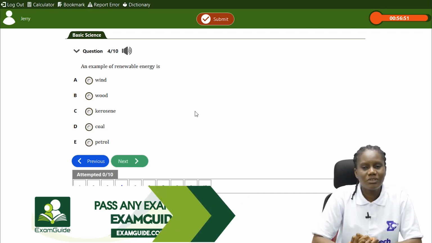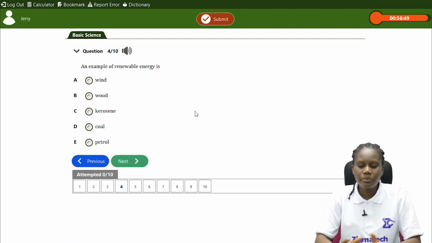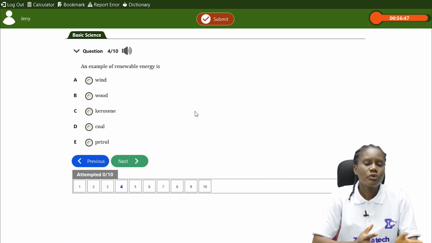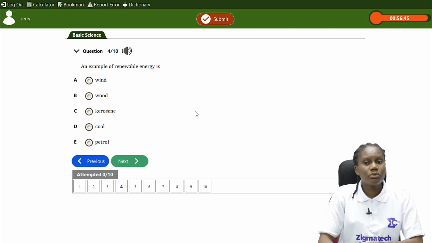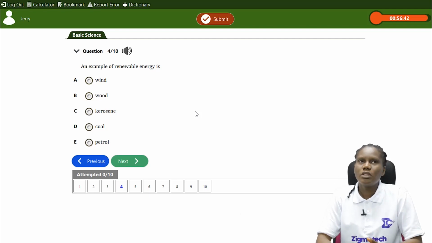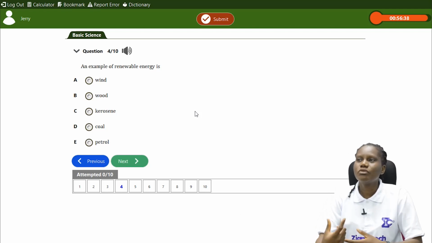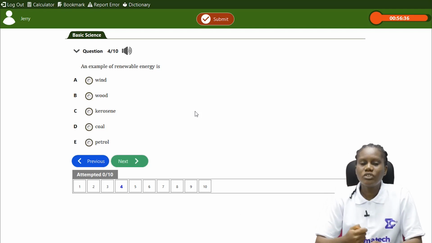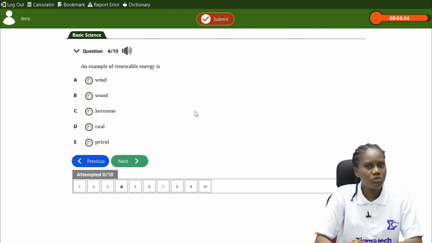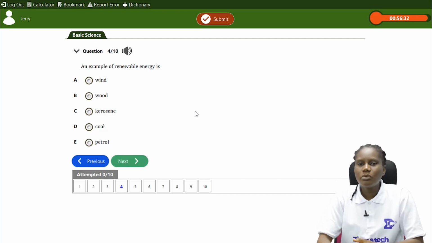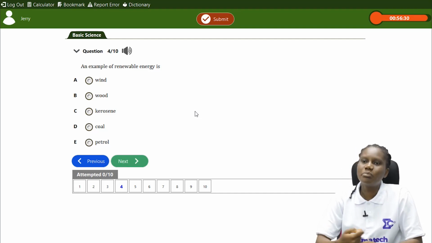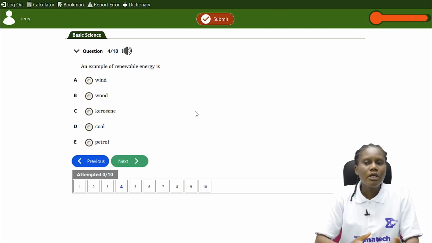So we have come to the end of this class, and I'll just do a brief recap. Today we have looked at renewable and non-renewable resources, and we understand that renewable resources are resources that can easily replace themselves. They can replenish themselves within a short period of time, while non-renewable are those that cannot easily be replaced within a short period of time.